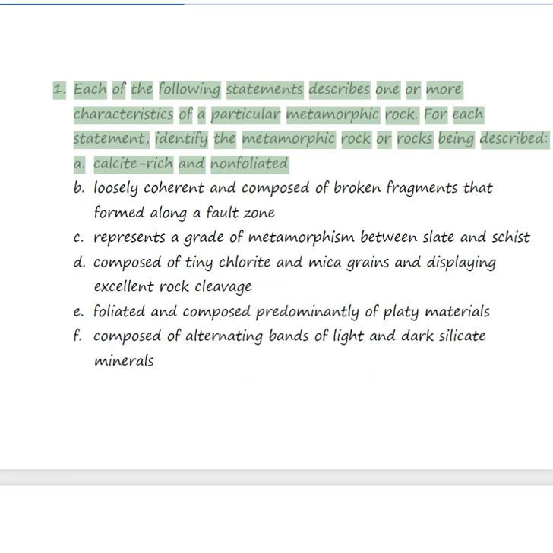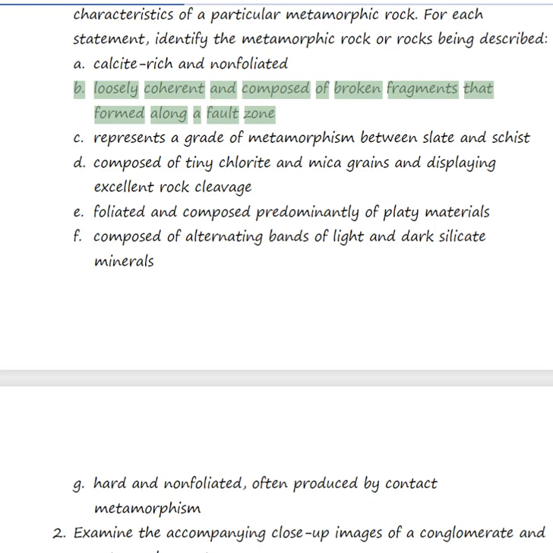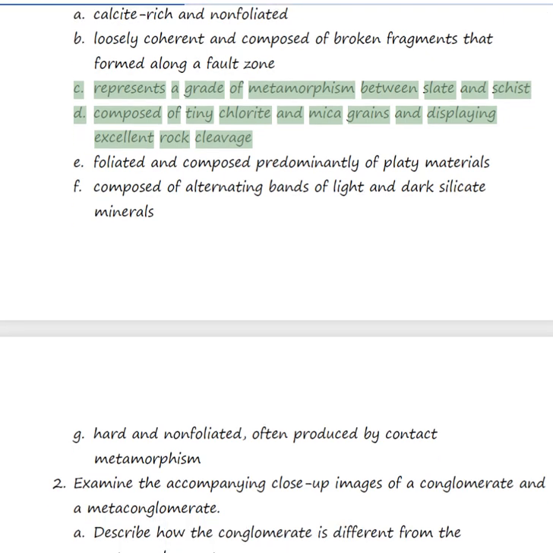1. Each of the following statements describes one or more characteristics of a particular metamorphic rock. For each statement, identify the metamorphic rock or rocks being described. A. Calcite-rich and non-foliated. B. Loosely coherent and composed of broken fragments that formed along a fault zone. C. Represents a grade of metamorphism between slate and schist.